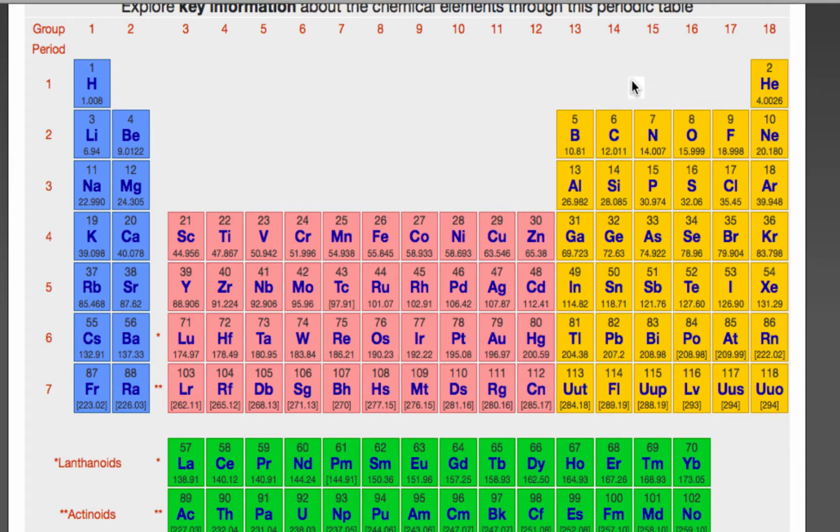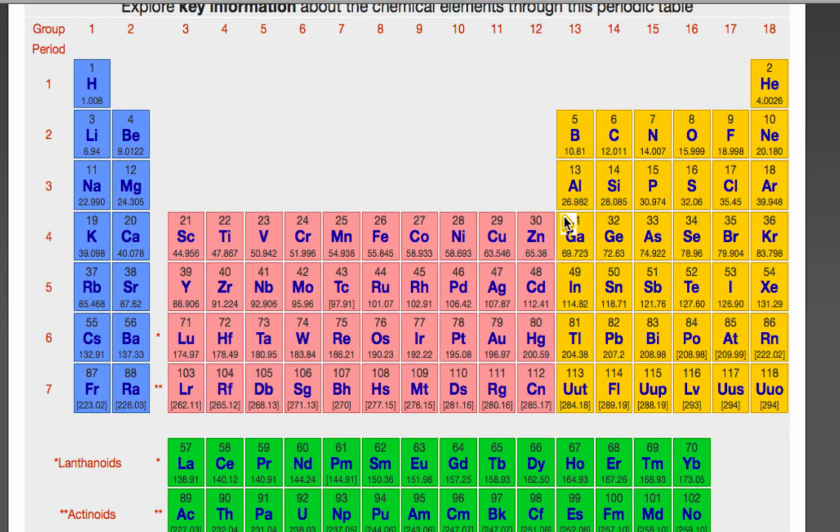Nonmetals, on the other hand, when they turn into ions, we make them end in IDE. So this nitrogen would be nitride. Oxygen would be oxide. Fluorine would be fluoride. Phosphorus would be phosphide. Sulfur would be sulfide. You get the idea. If it's AlO, then it would be aluminum oxide.